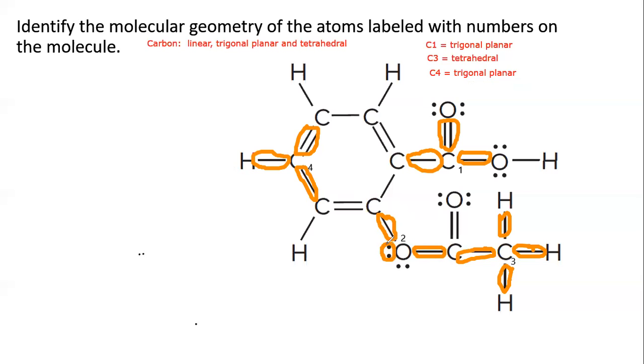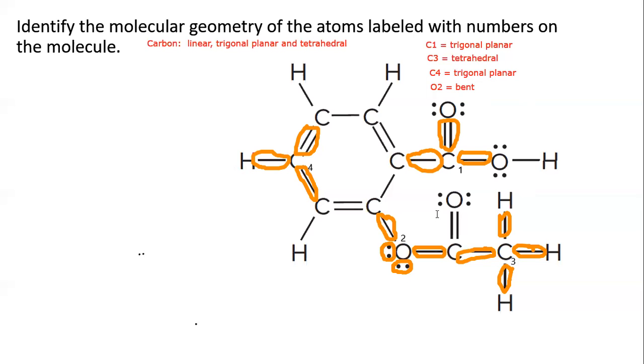So oxygen, the majority of the time, is bent. So these are some things you can remember to help quickly assess the types of molecular geometries in an organic molecule. Again, oxygen most of the time bent. Carbon is only going to have bonding pairs of electrons.